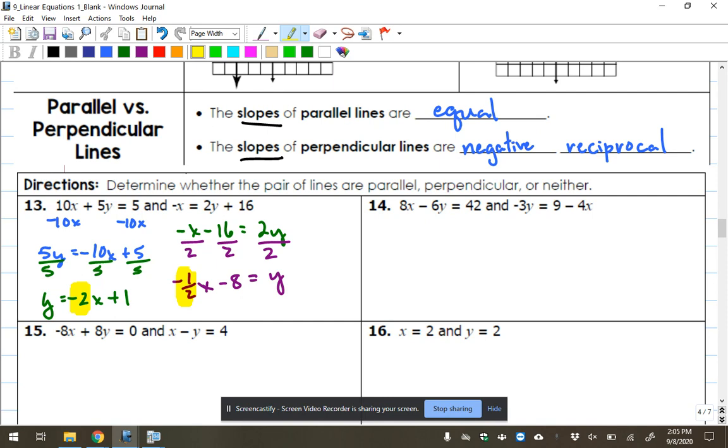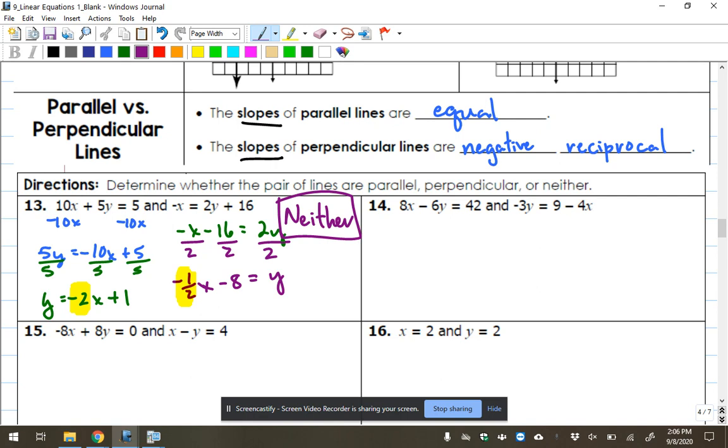They're reciprocals, but they're not opposite signs. So that's a neither. Hopefully you worked it right on your paper, though. Got to be careful about the negative reciprocal. Flip it, change the sign to be perpendicular.